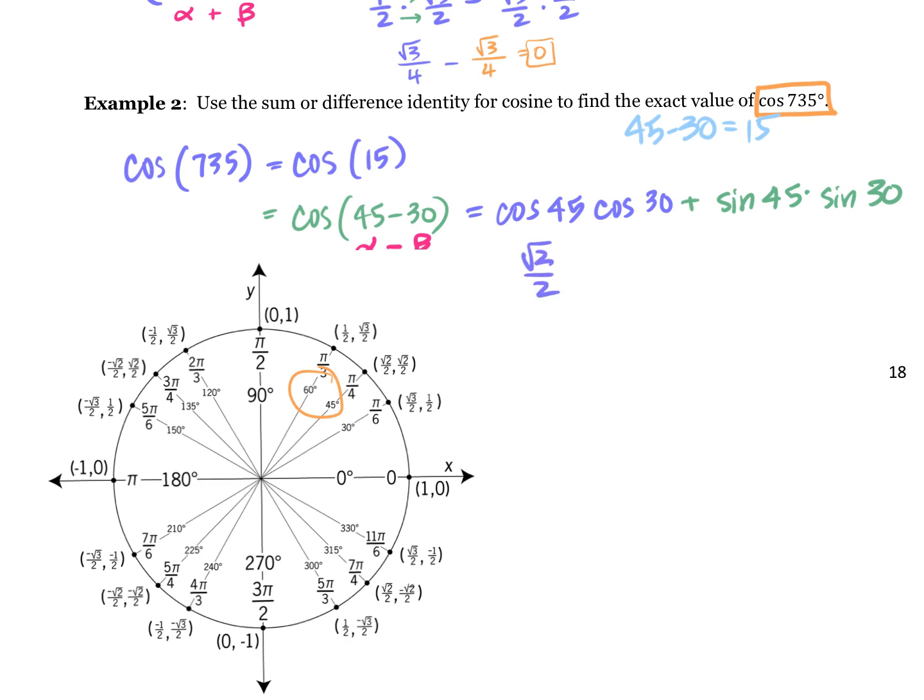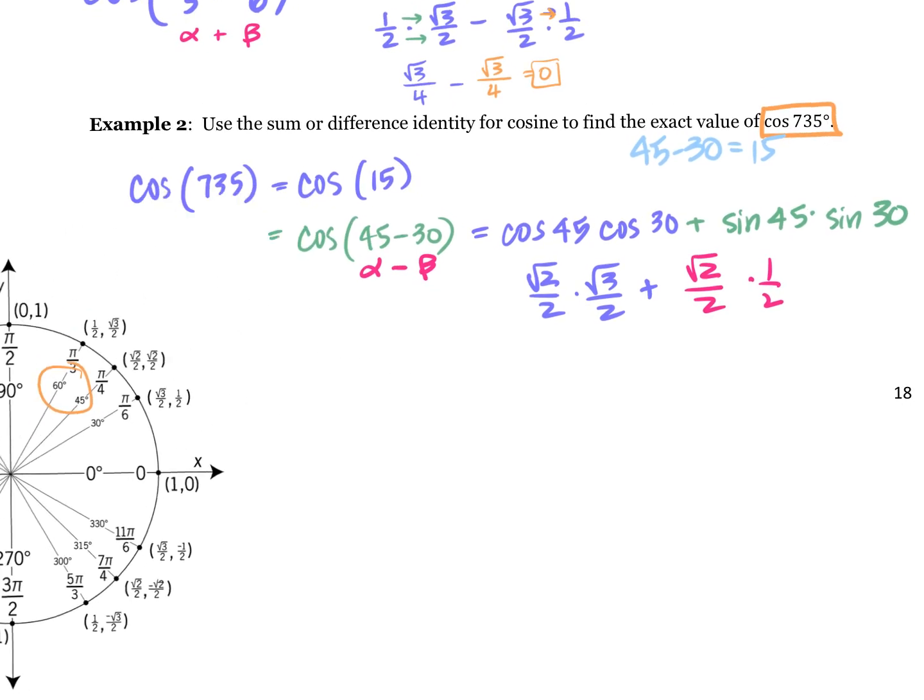Root 2 over 2, times the cosine of 30. Root 3 over 2 because it's the x-coordinate, plus the sine at 45, root 2 over 2. The sine at 30 is 1/2. This is some good practicing of my roots.